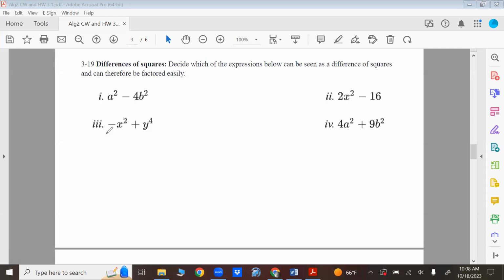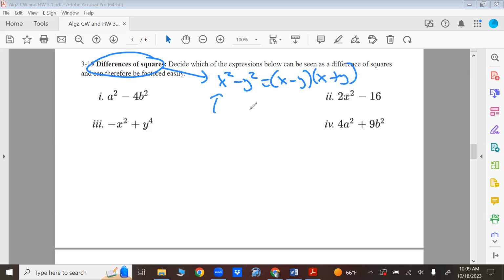Okay. So difference of squares is when you have something like this here. So basically these have to be perfect squares. If that's the case, you can break it up like you see on the right side.